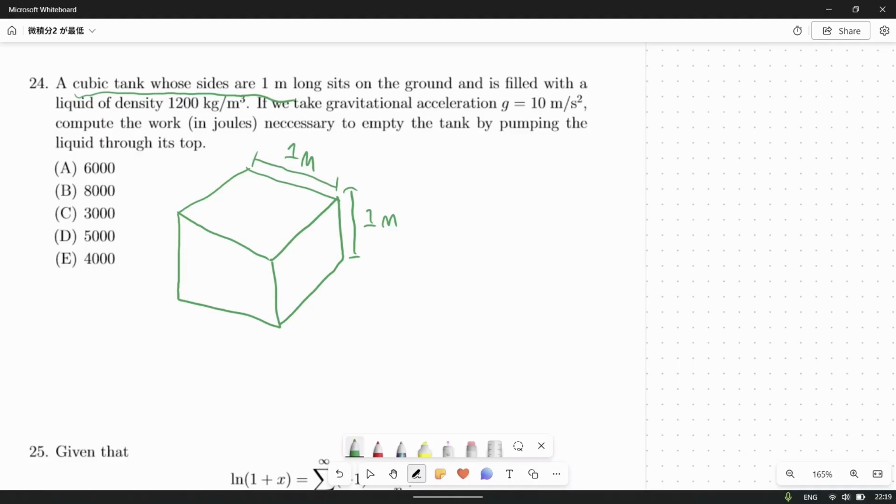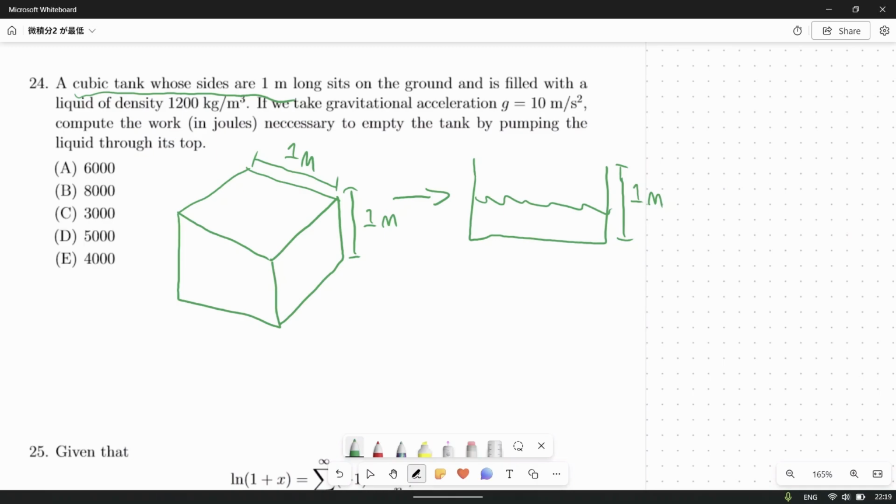Then I'm going to convert this into a two-dimensional visualization where we just have a tank like this, where the height is going to be 1 meter, and it has liquid in it. I'm going to be focusing mostly on the height because that's going to be the biggest determining factor in how we solve this question. Since we know that the tank is a cube, the height is also going to be 1 meter since each side is 1 meter.